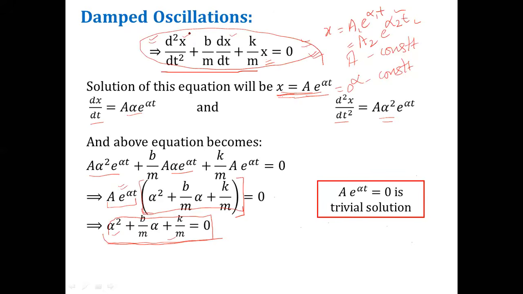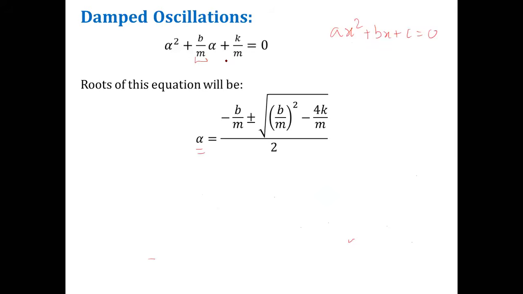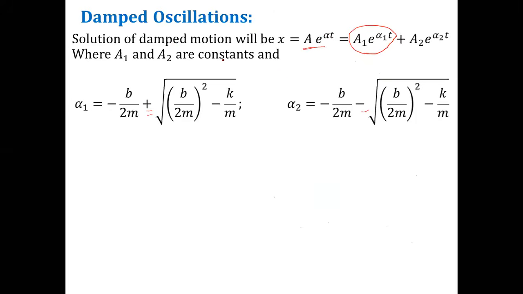But if you talk about the most general solution, if you have 2 roots for any equation, then there is something called the most general solution, and that would be a linear combination of both the solutions, which basically means that you can simply add these two terms over here. Remember, in the case of the ideal simple harmonic oscillator also, we said that your solution can be a sine function, it can be a cosine function, or it could be a linear combination of both the functions. We can take any of those as the solution for the ideal simple harmonic case.